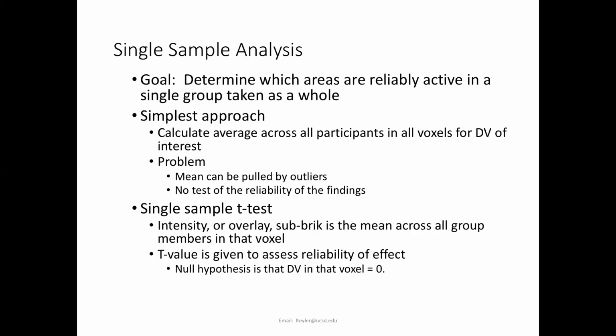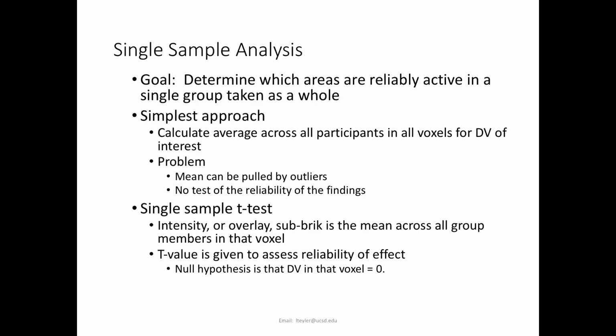When you do that, you end up with multiple subbricks. In general, you get a 0th subbrick that is the mean intensity, averaged across all the people in each of the groups, or across that single group that you had.